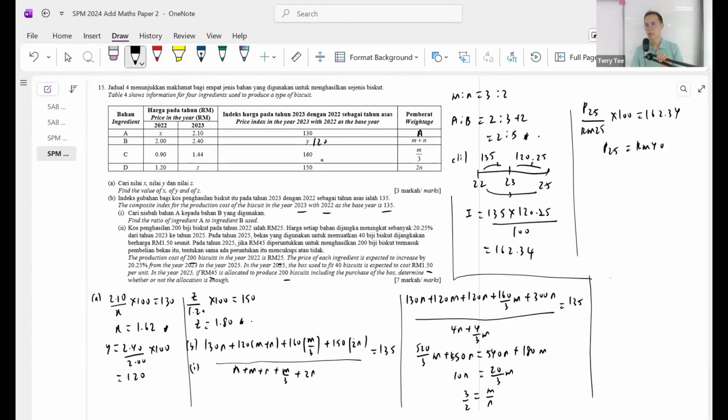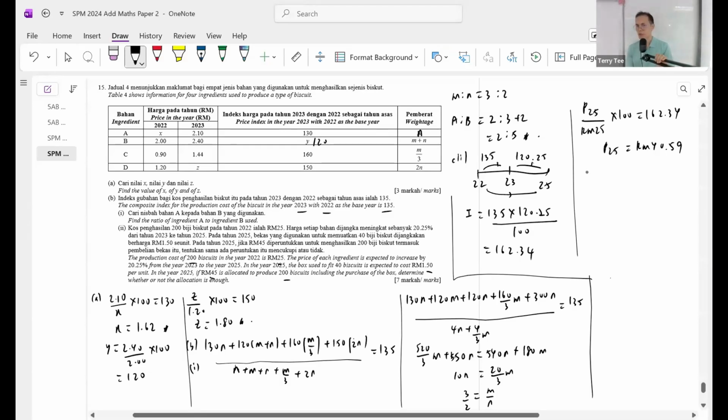It's very long. I'm not sure if this is correct. I think can, because 162.34 is a rounded off value. Now, this is just for the biscuit.